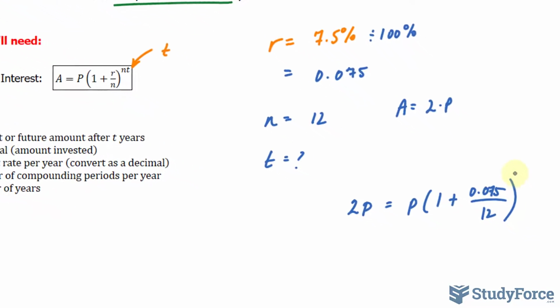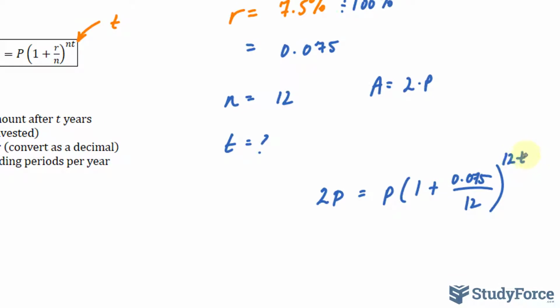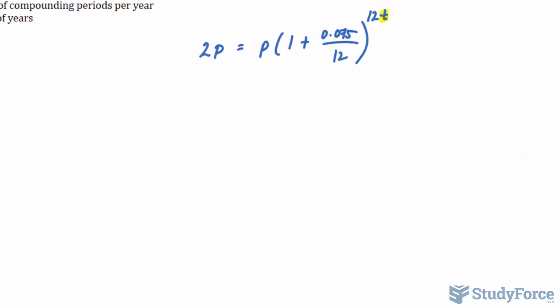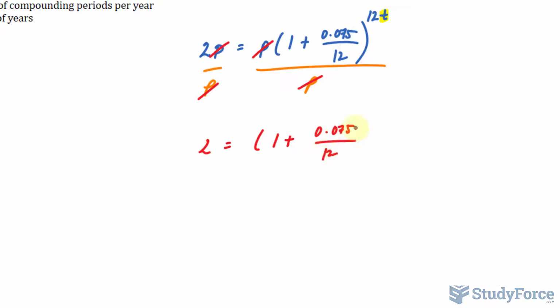Raised to the power of N times T, so 12T. We need to solve for T. The first thing that I'll do is divide both sides by P. And what this will do is cancel out the P's on both sides, leaving us with 2 is equal to bracket 1 plus the following fraction raised to the power of 12t.